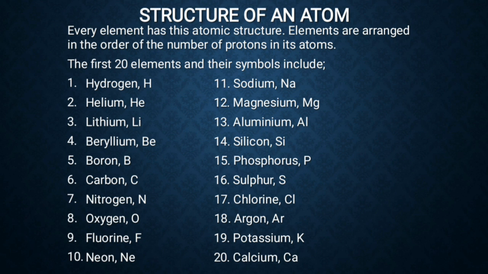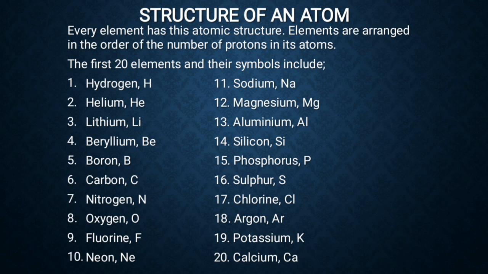So look here, we have the first 20 elements and their symbols below. You see hydrogen number 1, helium number 2, lithium number 3. The order in which they are arranged is the number of protons present in each atom. For example, in the atom of hydrogen there is only one proton.